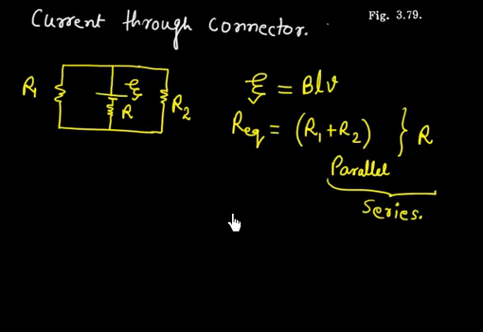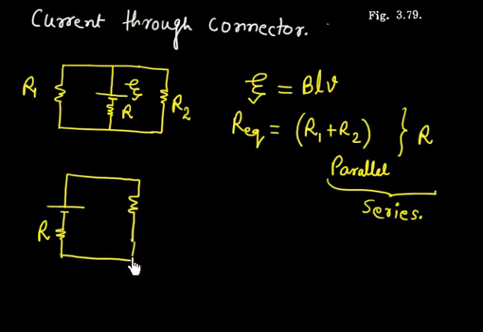If I write the equivalent system, let me draw the diagram again. You will have one EMF, resistance R, and the equivalent resistance of R1, R2 in parallel. The parallel equivalent is R1R2 divided by R1 plus R2, and then you have R in series.